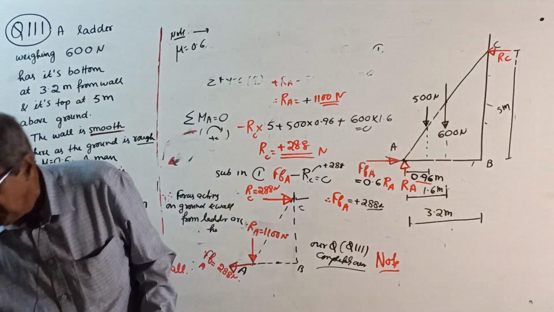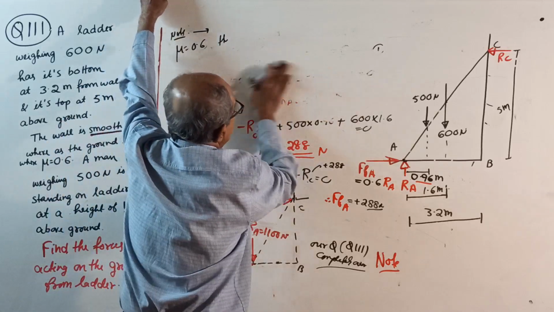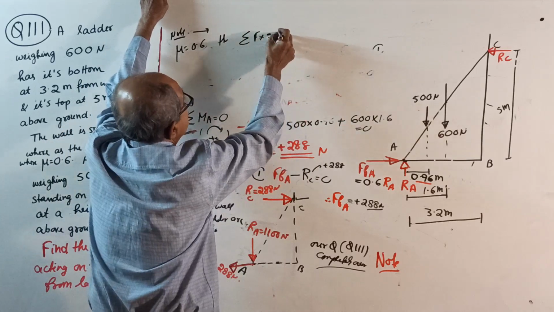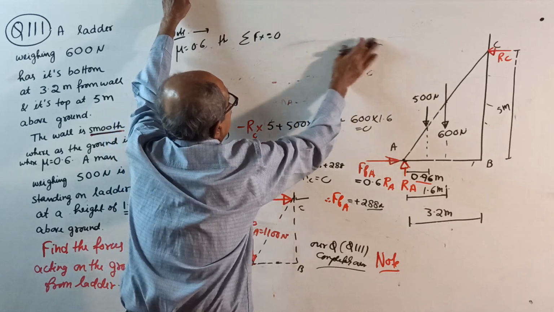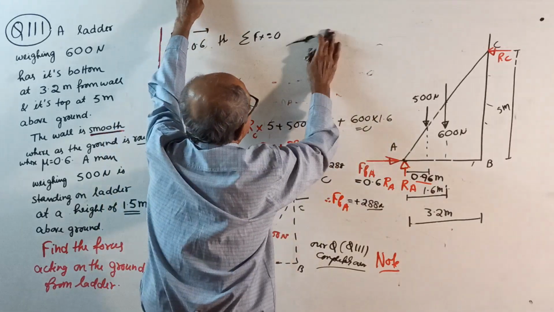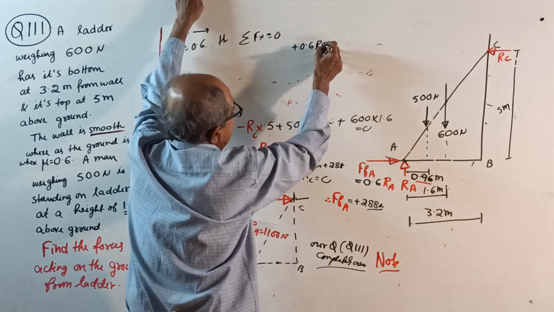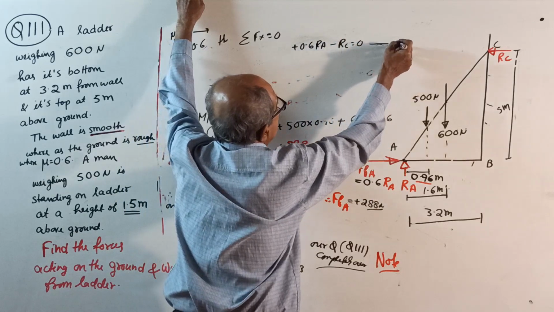So then, how will you solve? I am giving the wrong solution. Sigma Fx equal to 0: plus 0.6 RA minus RC equal to 0, equation number 1.